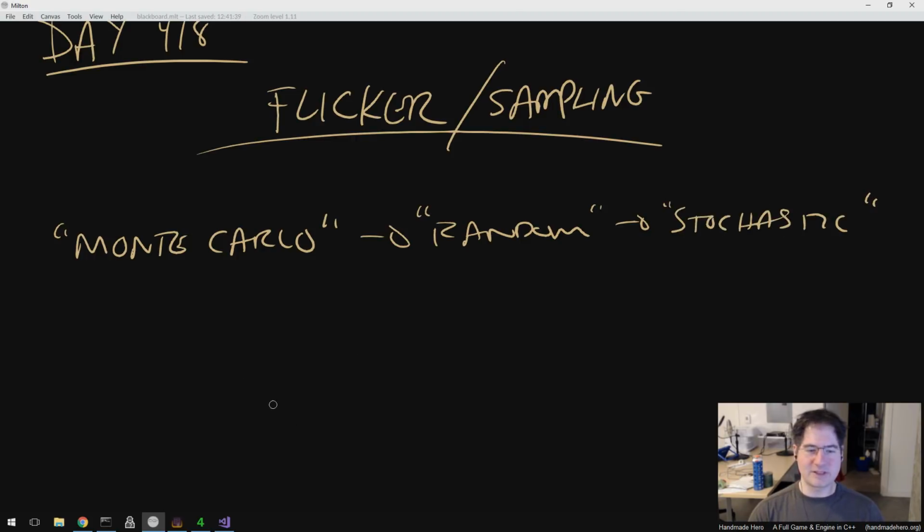These terms have slightly different connotations potentially, but in general you can think of them in the same broad category, which is to say that there are schemes which use unpredictable input, some kind of a random series, or pseudo-random series in this case, to arrive at a solution to a problem that would probably be impossible to do otherwise, right? And that's the key thing to remember: you're not doing random stuff because you want to, you're doing random stuff because you have to.